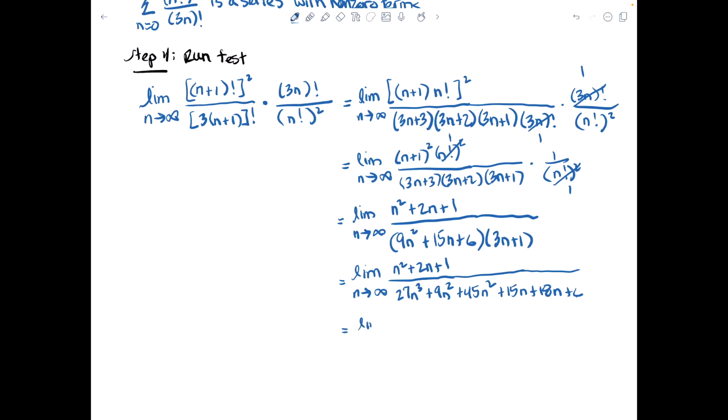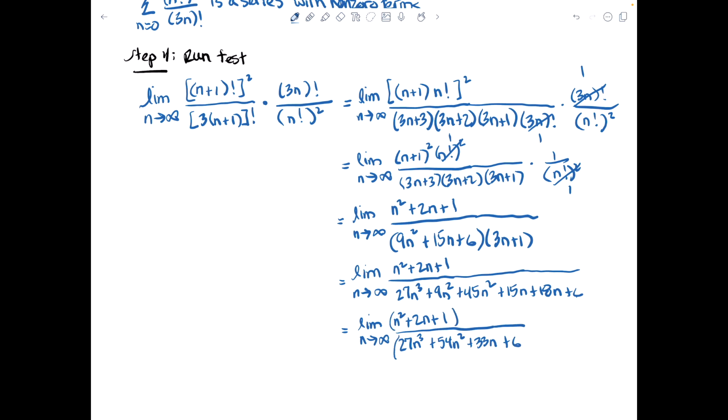which is the limit as n approaches infinity of n squared plus 2n plus 1 over 27n cubed plus 54n squared plus 33n plus 6.